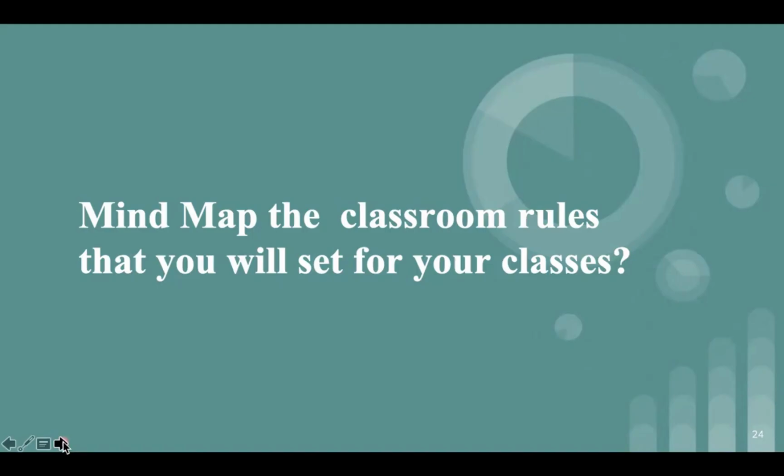What will be the rule if the student shouts? What will be the rule if the student gets up continuously throughout the session? What will be the rule if the student is talking continuously? So first you have to see what are the negative things that you can expect from the students in terms of conduct, in terms of behavior, in terms of the teaching and learning process, in terms of respect and collaboration.